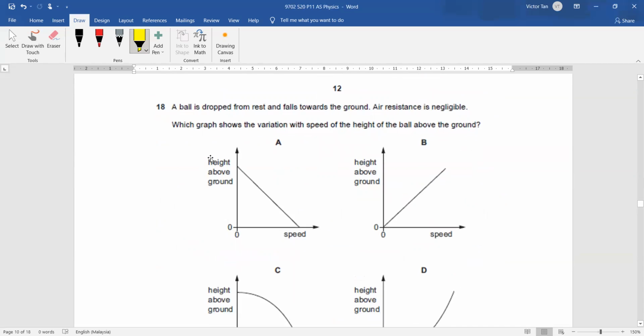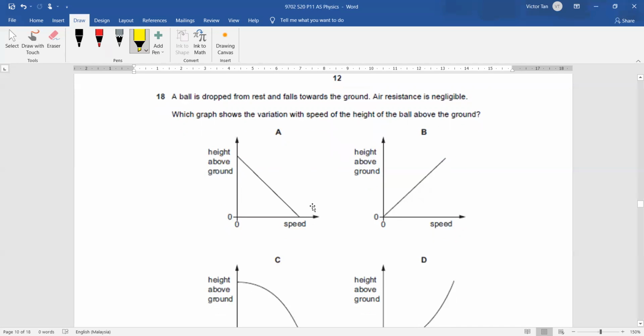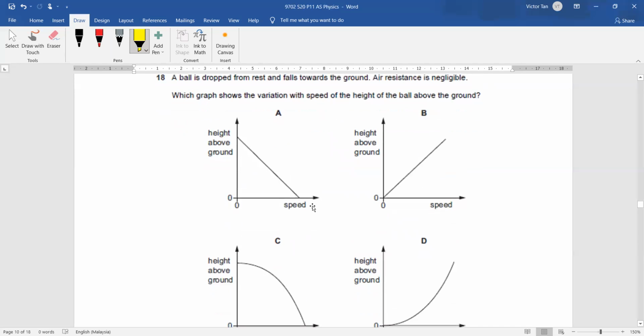A ball is dropped from rest and falls towards the ground. Air resistance is negligible. Each graph shows the variation of speed with the height of the ball above the ground. So the formula is v squared equals u squared plus 2gs.